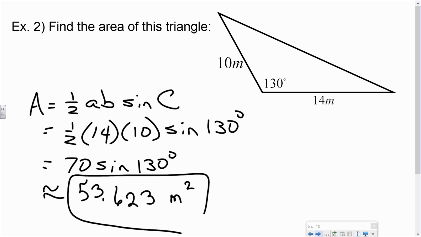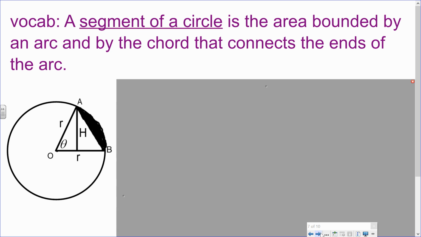So let me give some picture definitions. A segment is going to be like what you see in the picture, this black part here. It's like you cut a piece of pie, and then you take kind of sort of just the crust, and that's your segment. Except it's not a curving kind of crust like on a real pie.